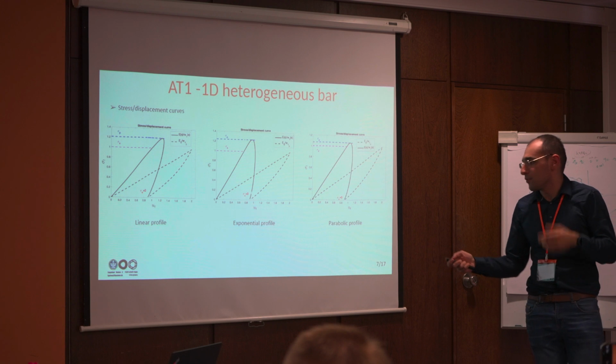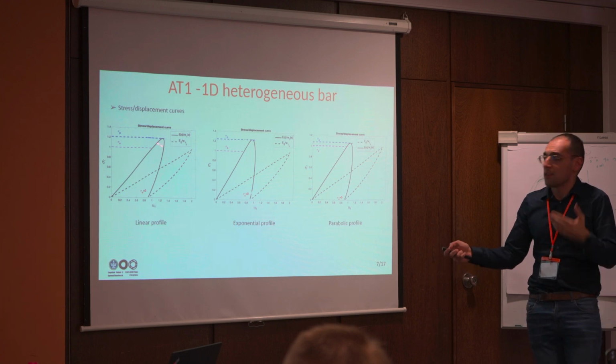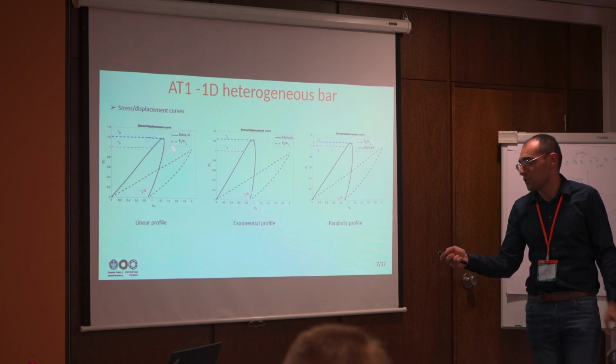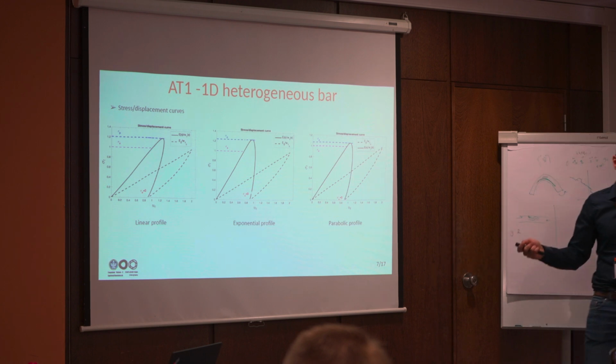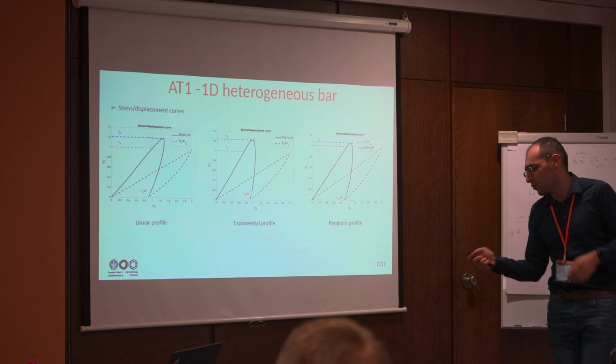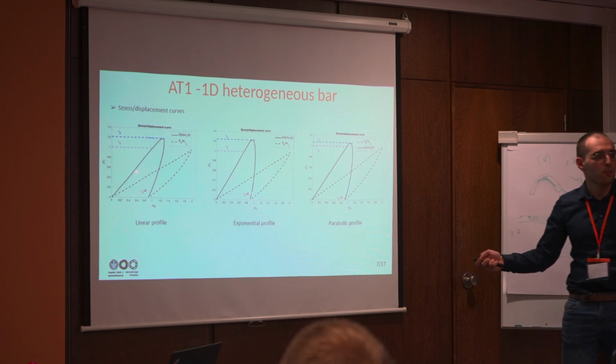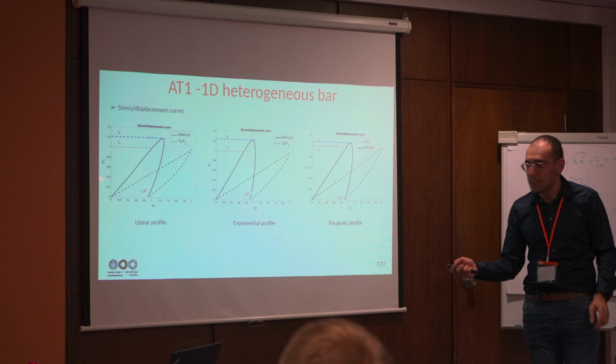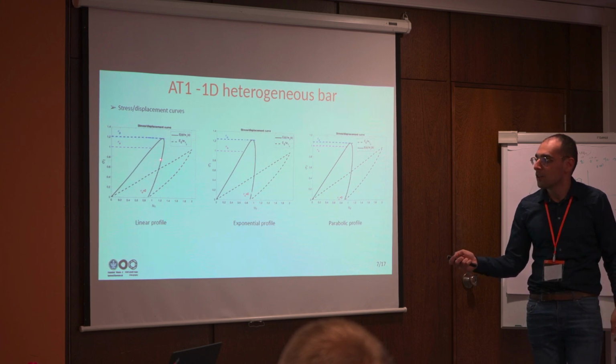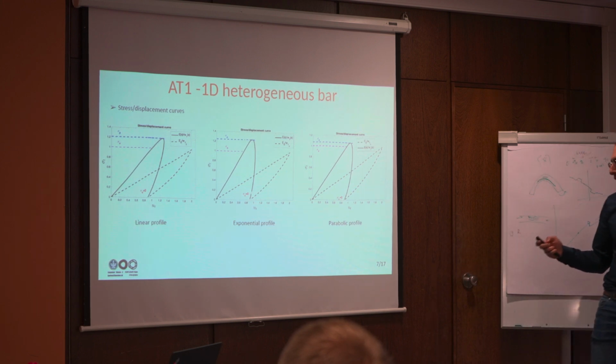Also, we have a snapback phase after the peak stress in the two cases, homogeneous and heterogeneous. To obtain these values for the snapback, we need to solve the damage criterion starting from sigma T equals 0, and then we can deduce the values corresponding to the snapback.